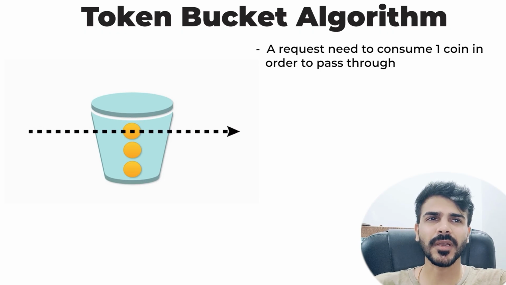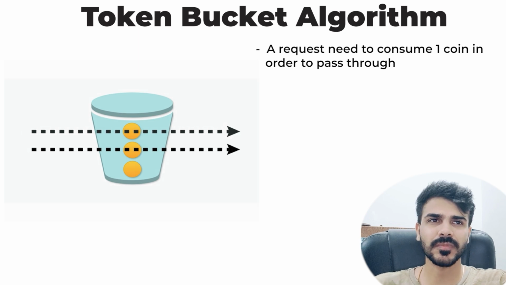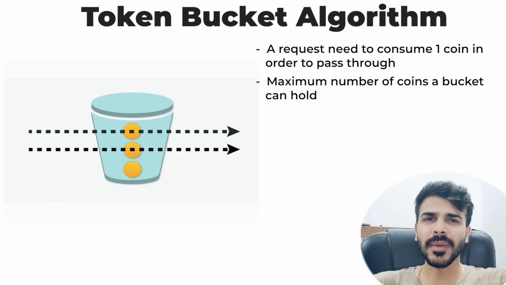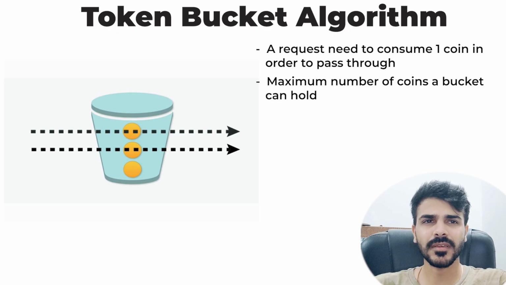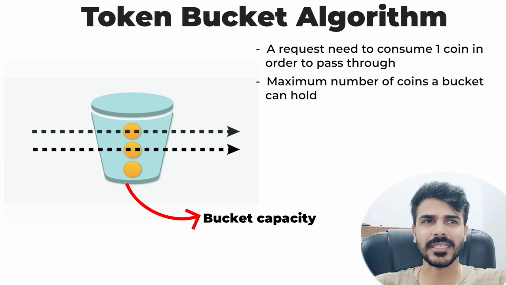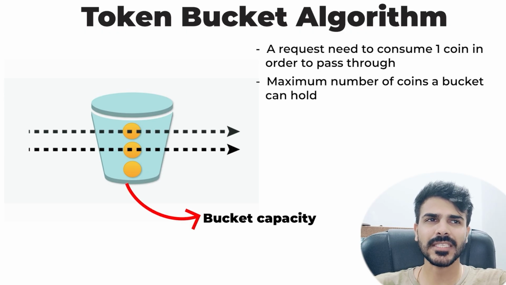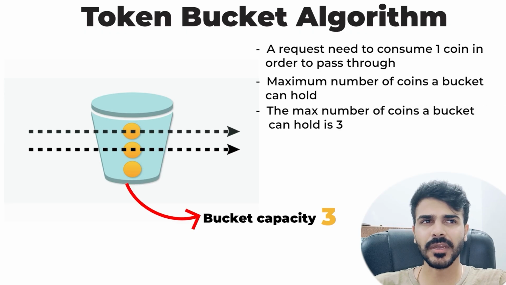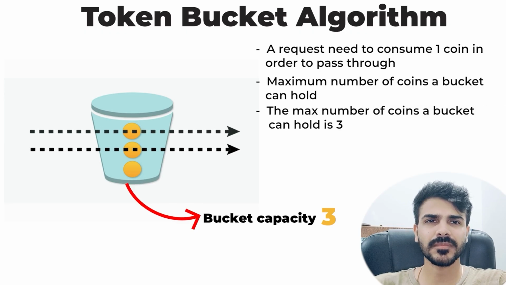So for example, if the bucket has 2 coins, then 2 requests can pass through because each of the requests will consume 1 coin. Second, the maximum number of coins a bucket can hold is given by the bucket capacity. Let's say the bucket capacity is 3. So the maximum number of coins that the bucket can hold is 3.